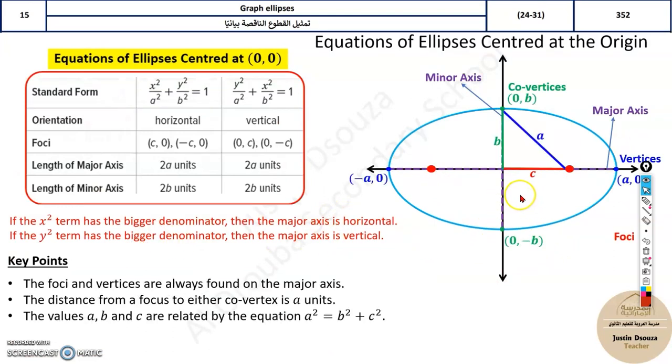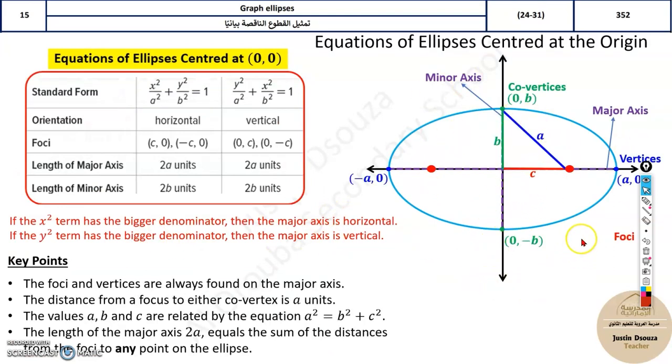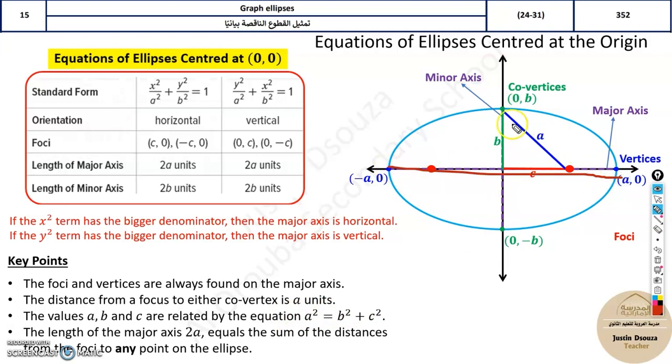Now, before going on, you can observe this for a while. You can pause the video, go through this figure and the formulas. This is an important formula. a is the major axis, b is the minor axis, c is the foci. Since a is the biggest value, that's the vertices, a is the biggest, co-vertices is b, and c over here is the foci.